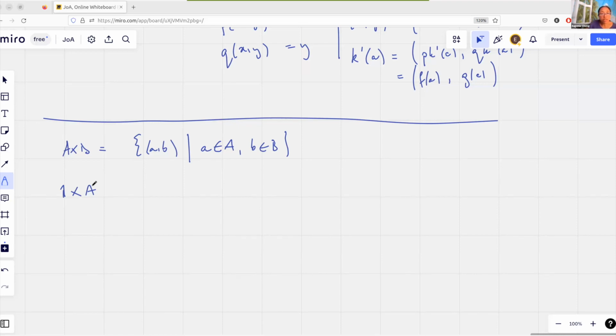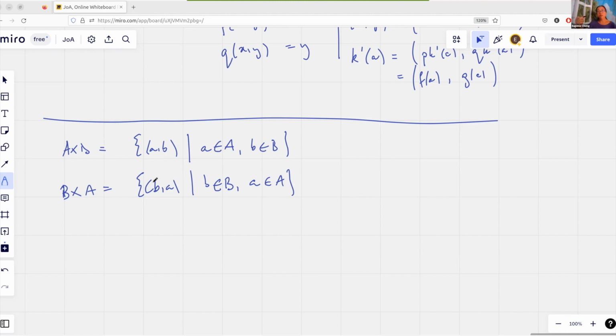B cross A really is the ordered pairs the other way around, (b, a), where b is in B and a is in A. So as sets, these are actually different sets. One of them has ordered pairs where A is in the first component, and the other one has B in the first component. So if you're dealing with the elements of the sets, those really are different.